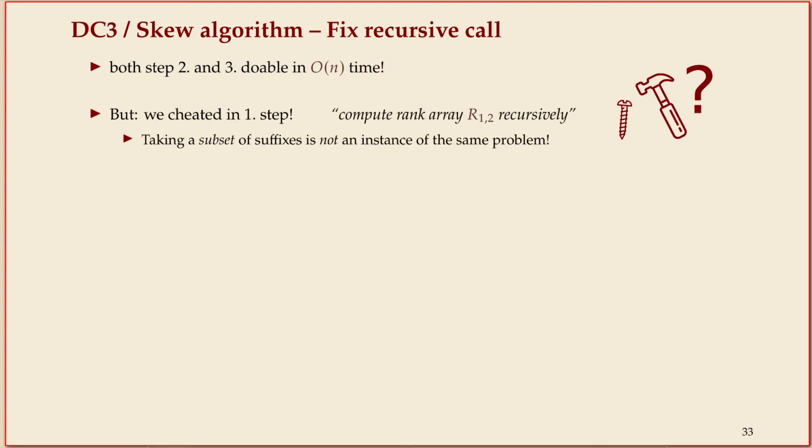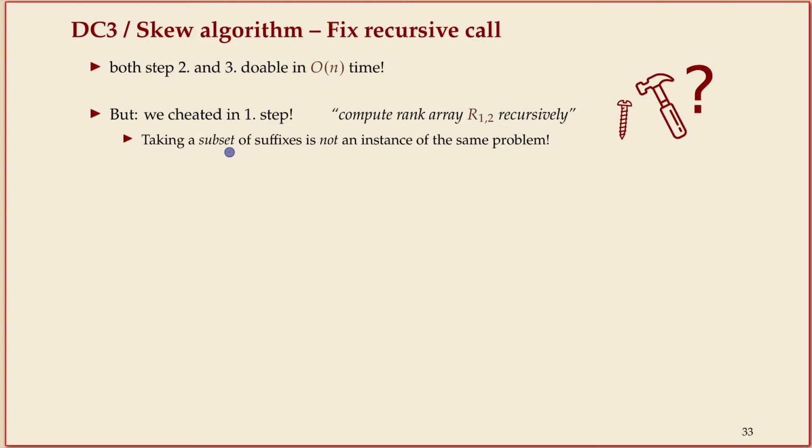So in step 1, all we should really need is recurse. But if you look closely at what we've done there, I cheated a bit. In this first step, I said, let's recurse on all the ranks that are not a multiple of 3. But I can't just take an arbitrary subset of indices and claim that's again a problem of the same form.